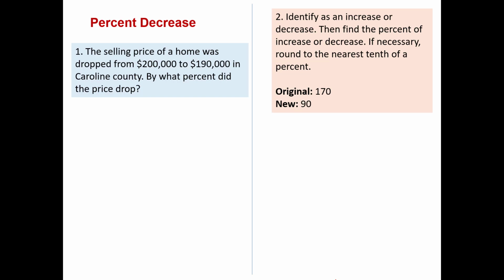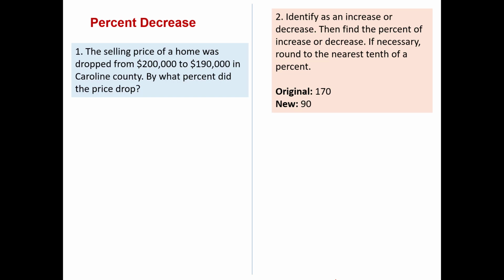Again, we need to find the percent, and we have two amounts: the first amount and then the final amount after the price drop. Before finding the percent, we need to subtract these two amounts. Then we calculate the amount the price dropped.